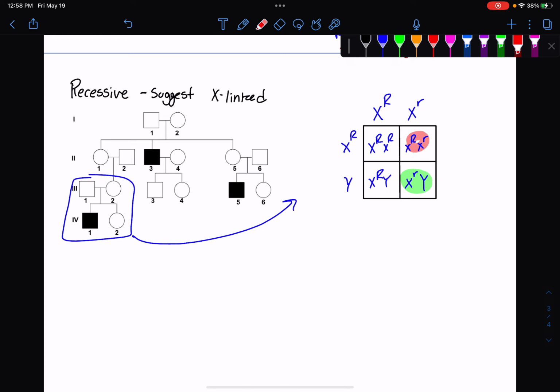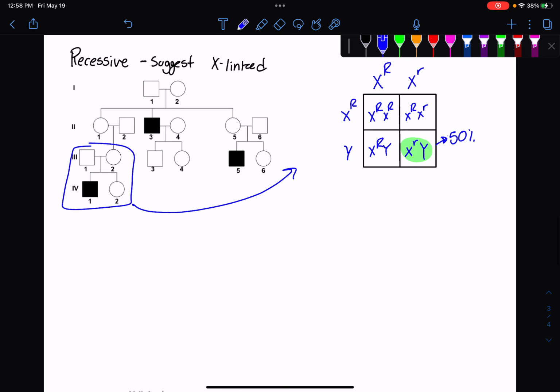This one doesn't have it because the dominant allele is covering the recessive. This one has 2 dominant alleles, so it's going to be dominant. This one only has 1 dominant allele, no other alleles to be had, so it's only going to express that dominance. So 25% chance of any child having the gene. But in X-linked, we usually just associate that with boys. The boys have a 50% chance.